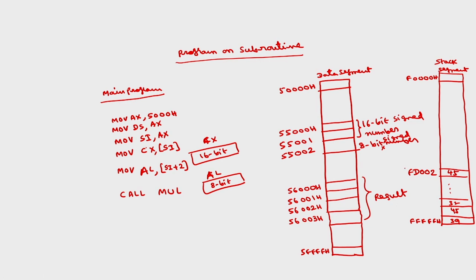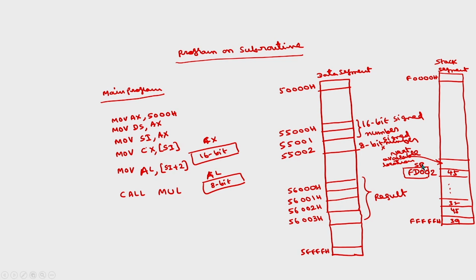The stack pointer always holds the address of the stack top, which is the offset, and this is the next available location. So this will be stored in the stack pointer.